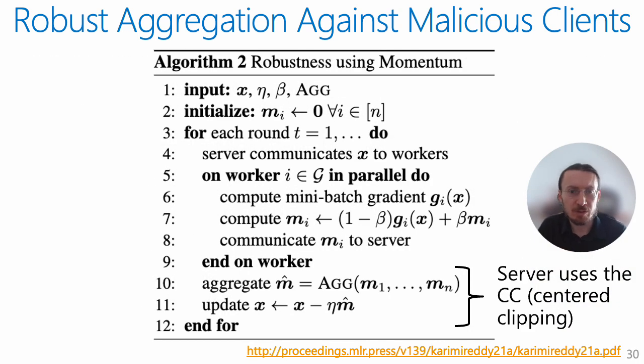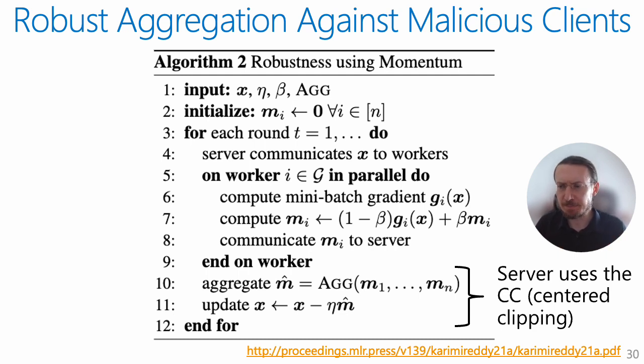Eventually, we also incorporate the momentum. The momentum is incorporated on the client side, here also called a worker. At every time step, training round t greater than 1, the server sends the workers the parameters x sub t minus 1 from the previous round, and each good worker sends back m sub i computed with momentum beta.